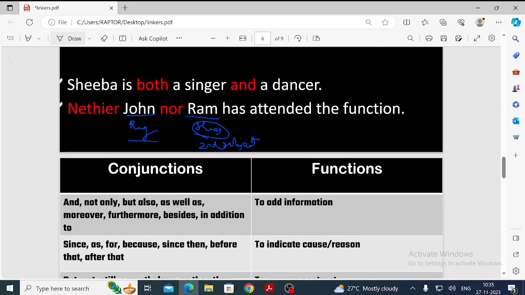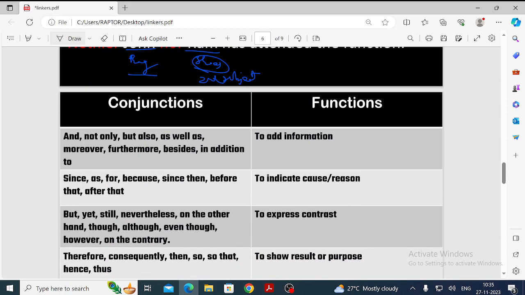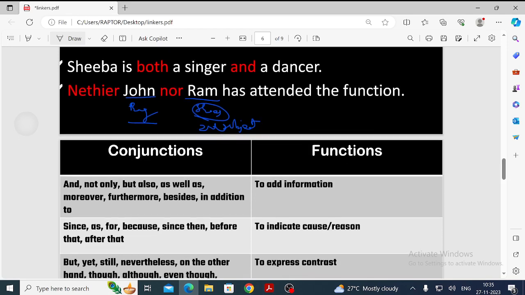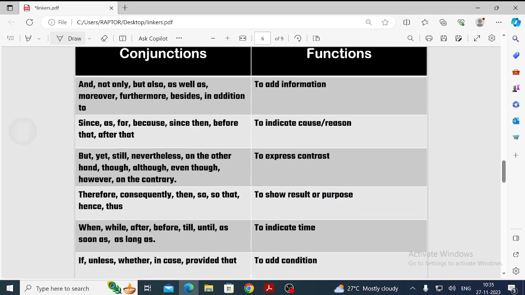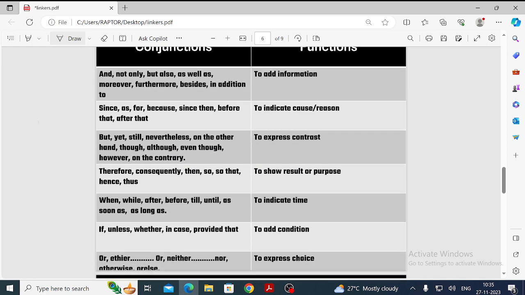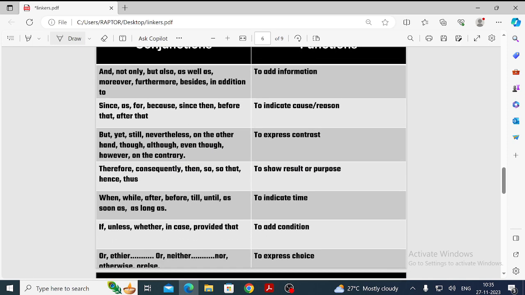And then here we have the functions. Have you written the examples? Here we have the functions, my dear, just for your understanding. To add information, additional information: he is poor, and he is not honest, he is very weak, and so he did not attend the exam.